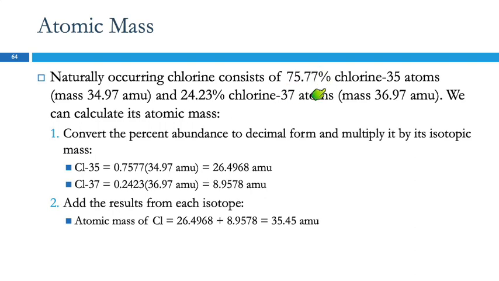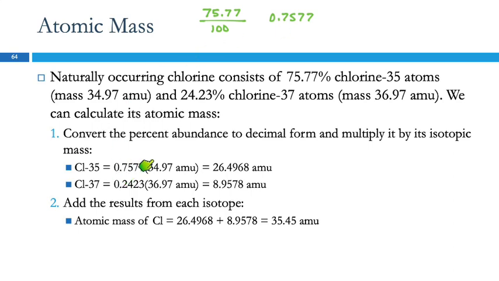So this percent means 75.77 out of 100. That's what percent means. Percent is literally per 100. 75.77 per 100. So that can be expressed as 0.7577. So we're going to take our percentage and express it in its decimal form.